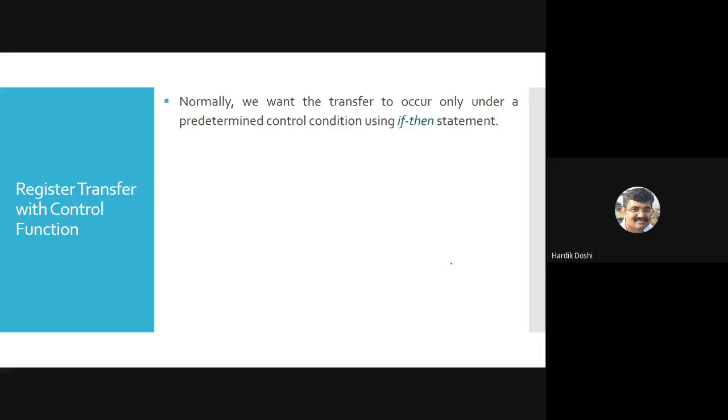Normally we want the transfer to occur only under a predetermined control condition, that is timing, using an if-then statement. So if P is 1, now a condition came into the picture. If P equals 1, then perform the transfer. Then how to denote this statement symbolically?